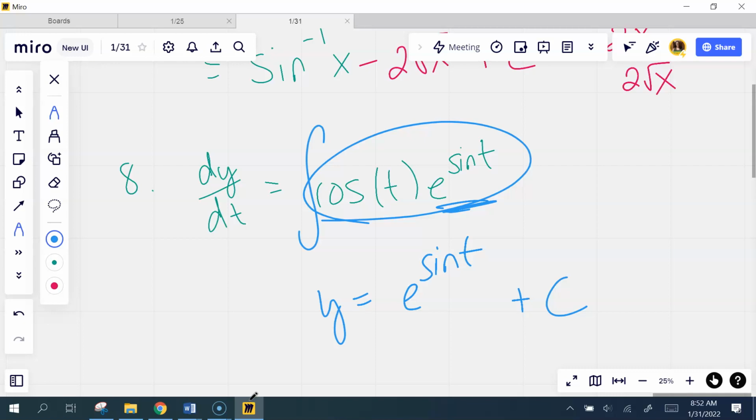When you saw this, you went, how am I supposed to find the antiderivative of cosine t and e to the sine t? You can't split it up because you're multiplying. But if you look at the e portion, because e to the anything, the derivative and the integral is e to the anything, and think in terms of chain rule, that's what they were trying to get you to do.